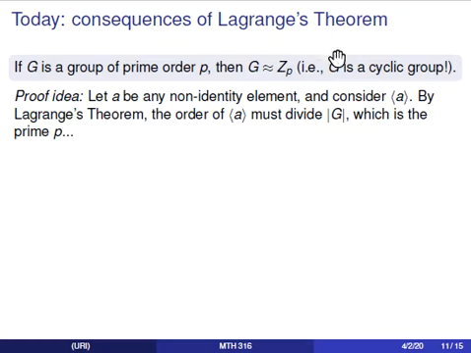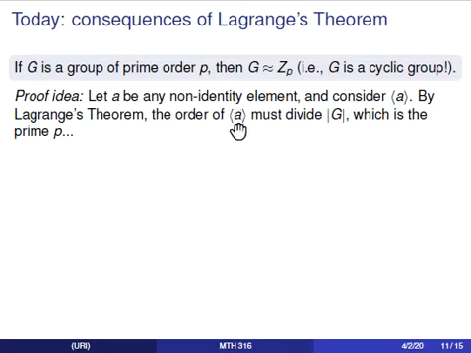Now that will be a subgroup of G. Lagrange's theorem says that the order of the subgroup has to divide the order of G, but the order of G was prime, was p. Now, there aren't that many things that go into a prime evenly. There's either 1 or the prime itself, so the order of this subgroup generated by a is either 1 or p.